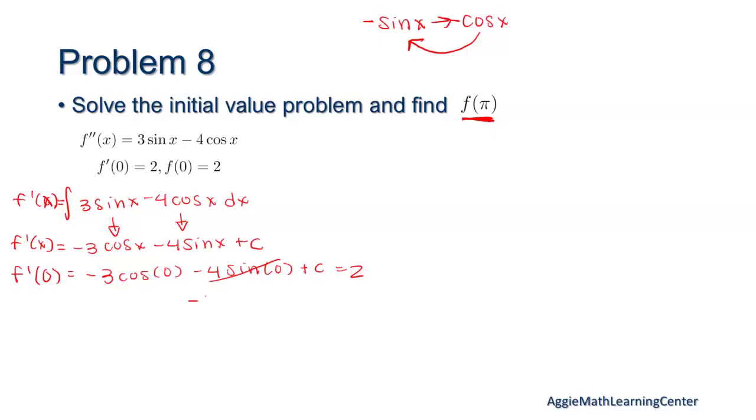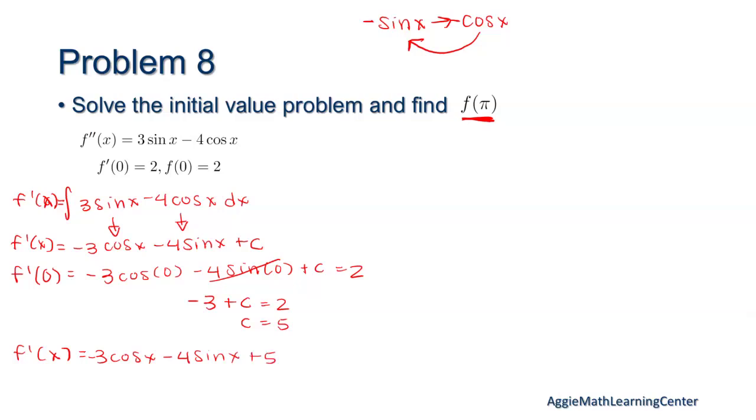So I get negative 3 plus c equals 2, and solving, c equals 5. So now I know my f prime of x is equal to negative 3 cosine x minus 4 sine of x plus 5.